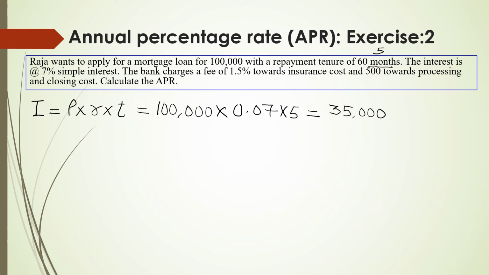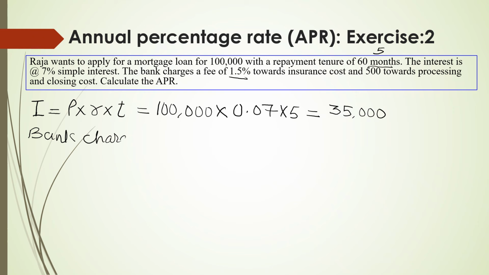Now we will write it down. We have calculated the first cost, that is interest. Now you can see the bank charges 1.5% towards insurance cost. So 1.5% of the total loan. So now what we will do, 100,000 multiplied by 1.5%. Now we will write the second type of cost, which is bank charges.